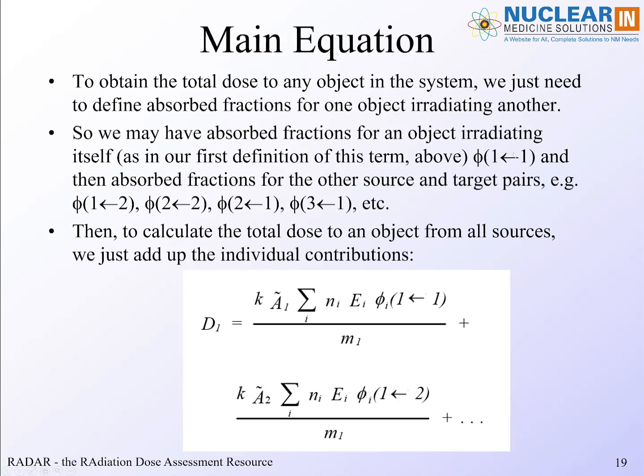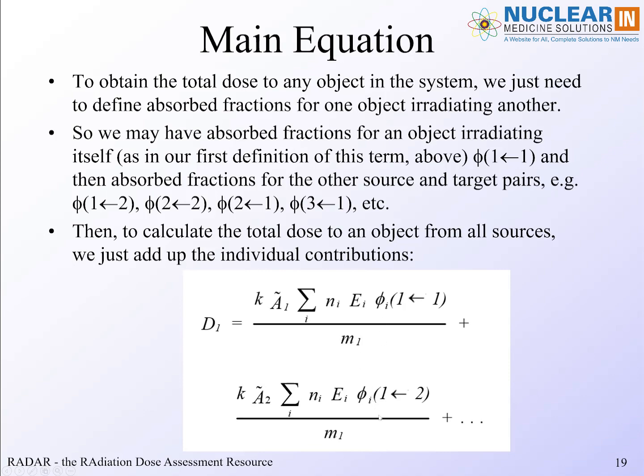So for the first organ, we had the absorbed fraction of that organ to itself, 1 to 1. And I don't know why, but this is the convention. The arrow always goes to the left. But then you have absorbed fractions for object 2 irradiating object 1, 2 irradiating itself, 1 irradiating everything in the world anyway. And so you just have to add up all of these components.